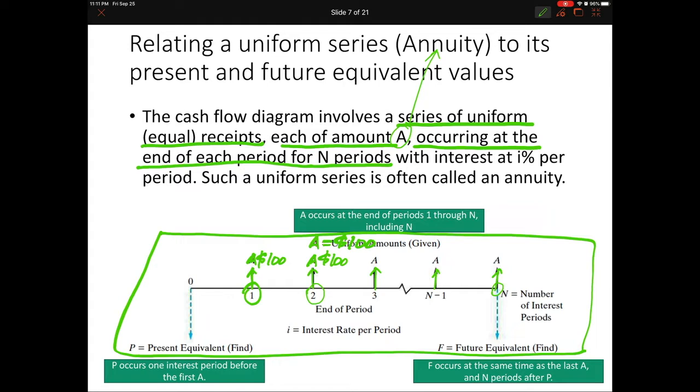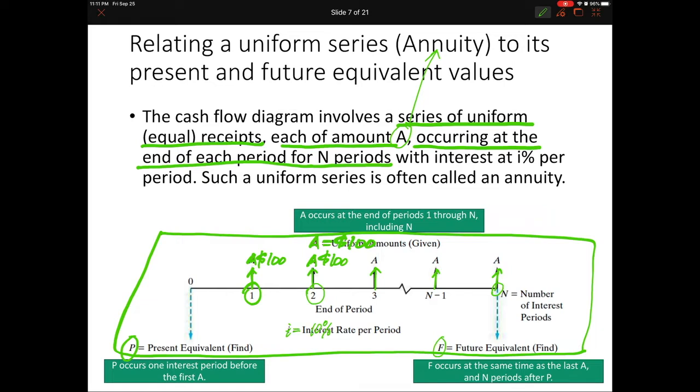Also, if you want to draw this type of diagram, you need to label your I. Maybe your I is 10%. You just write it either beneath the timeline or above. And usually our problem will be to find the present equivalent of this annuity, or to find the future equivalent of this annuity.